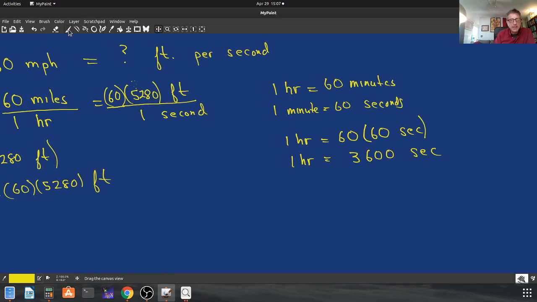Because I have a 60 in my top. So this is equal to 60 times, since it's times 1 second, I'm just going to turn that 1 into 60. 60 times 60 times 1 second. Now the 60s cancel, and 5,280 divided by 60 turns out to be 88 feet per second.